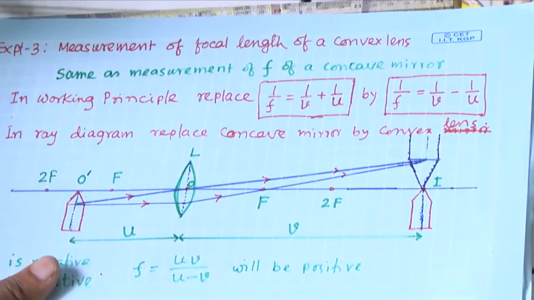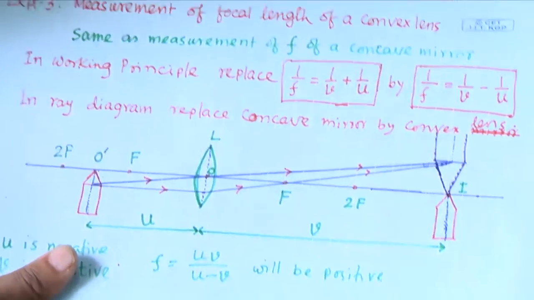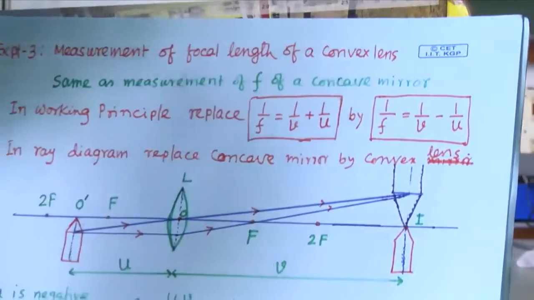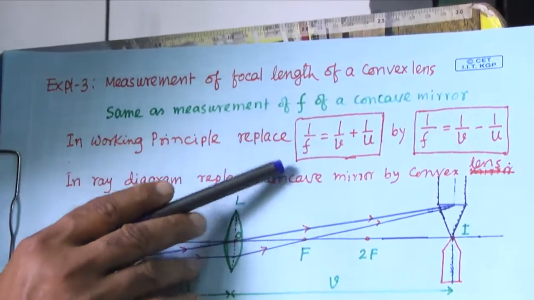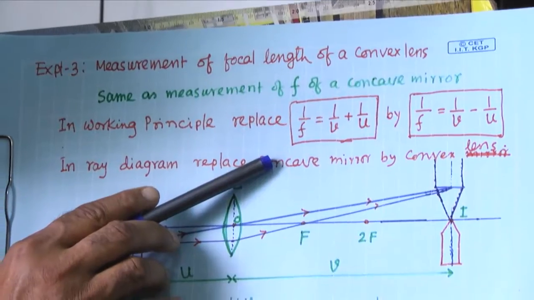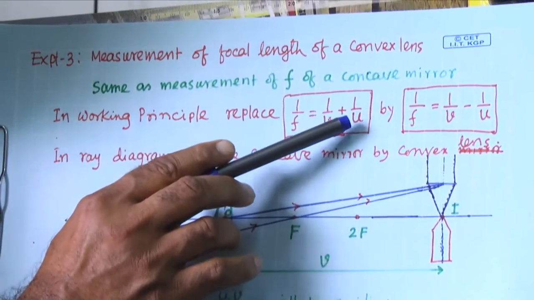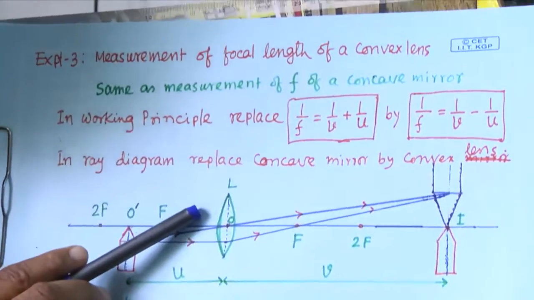For the concave mirror you have seen that in the working principle we used the mirror formula, that is 1 by f equals 1 by u plus 1 by v, or 1 by v plus 1 by u.